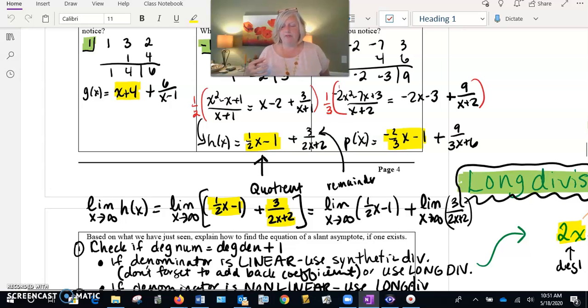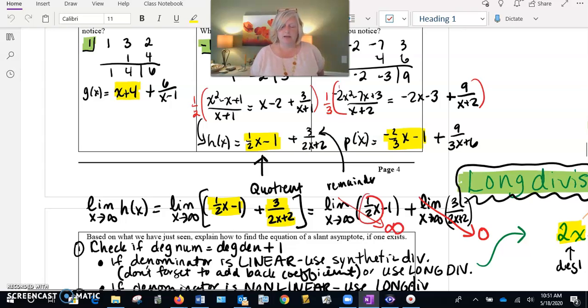And then thinking about the survival of the fastest and so on, the second term, we know that this is going to go to 0 because the degree of the denominator is larger than the degree of the numerator. So that term's end behavior approaches 0. This term is going to approach whatever the end behavior of 1/2 x is, because that's the dominating term.